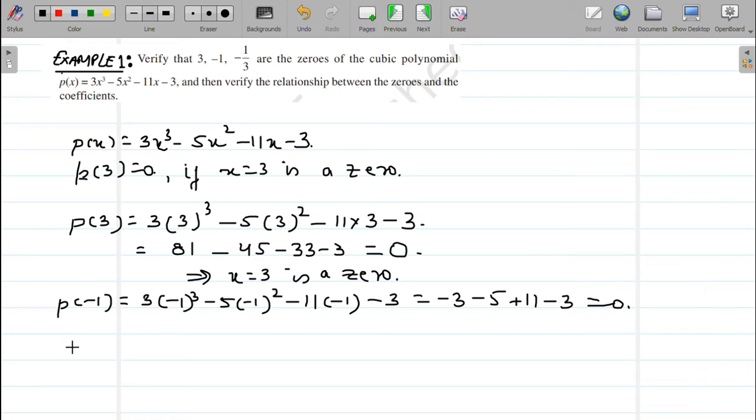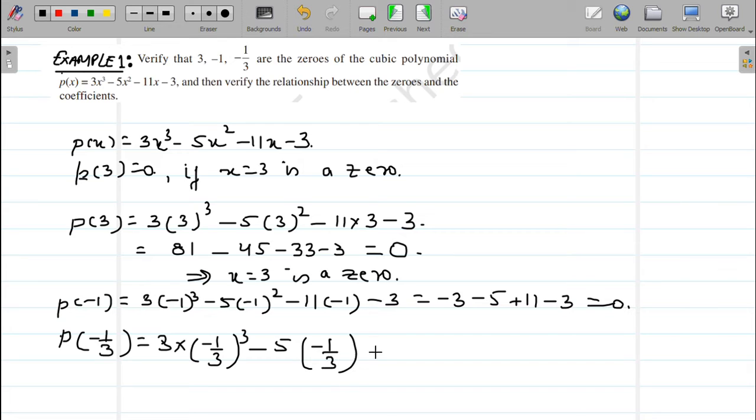Next one we can have is p of minus 1 by 3. Taking that, we have 3 multiplied by minus 1 by 3 cube, minus 5 into minus 1 by 3 square, minus 11 into minus 1 by 3, minus 3. Solving this further, we get 1, 3 cancelled here.